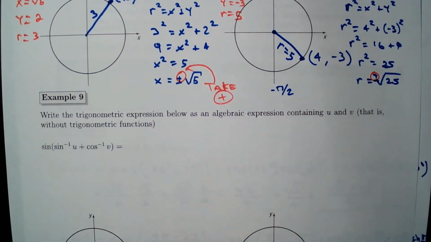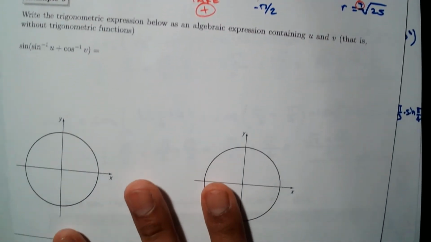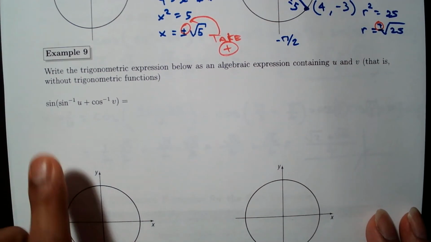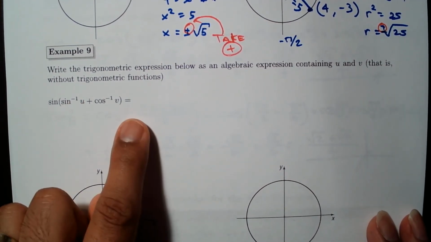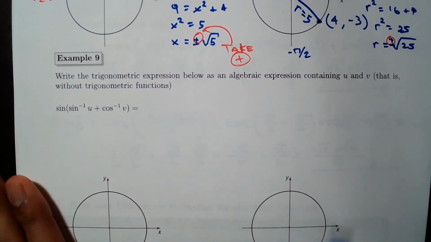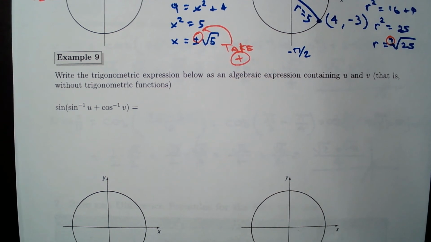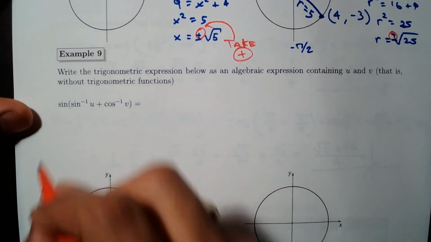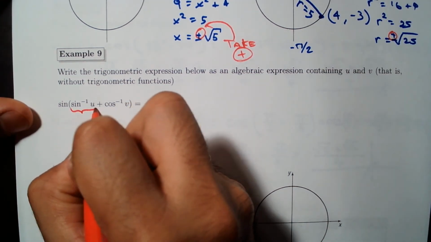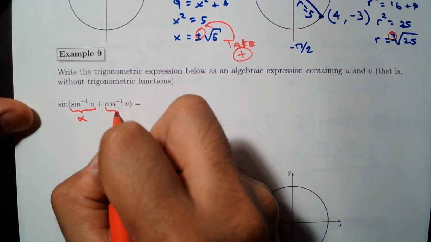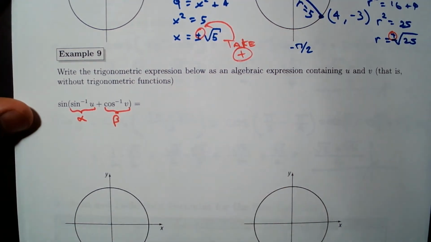Let's do one last example, and this one has to do with writing expressions in terms of u and v. Well, writing trigonometric expressions that do not contain trigonometric functions, just functions of u and v. Okay, so again, this guy right here is alpha, this guy right here is beta.